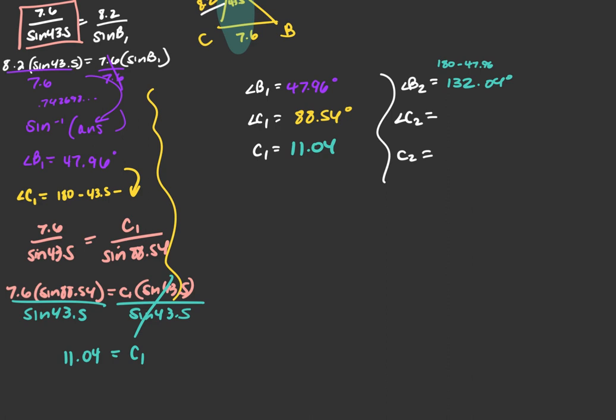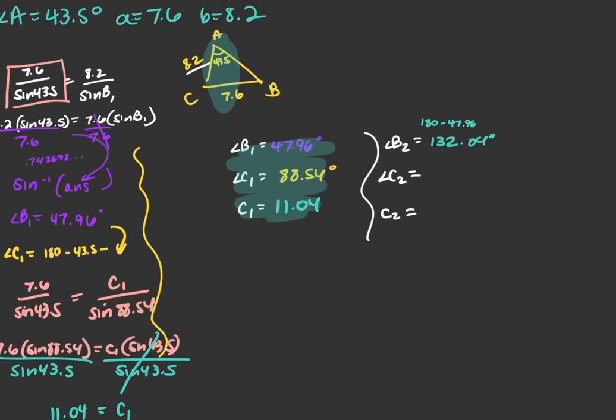All right, now I have to finish out that second triangle. So I ignore the information I found from the first triangle. That only applies to the first triangle. But the information I got from the question, these three pieces of information are still true. So if I want to find angle C2, I can do 180 minus angle A, which is 43.5, minus the B2 I found by finding the supplement to B1, so 132.04.